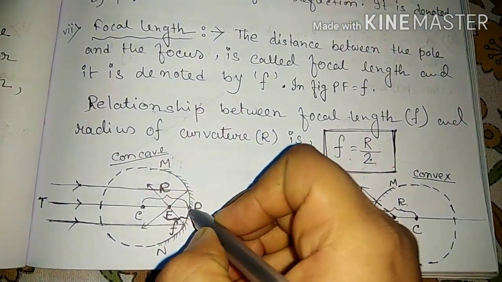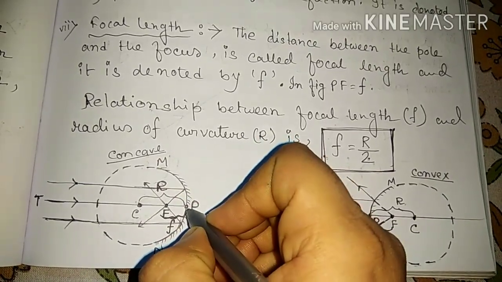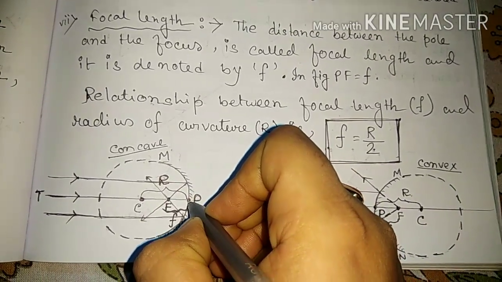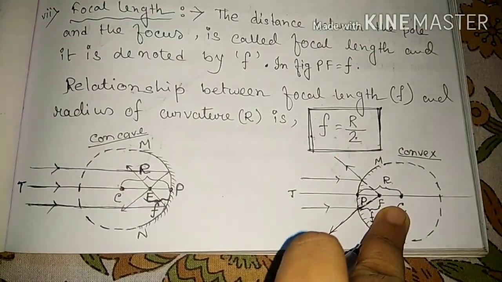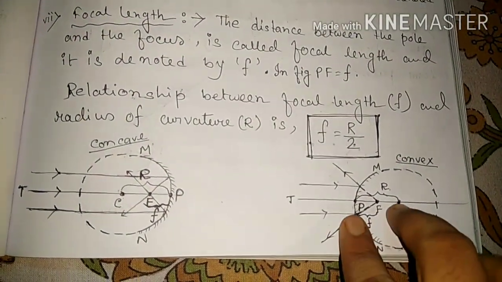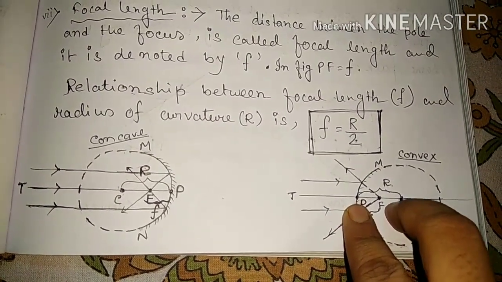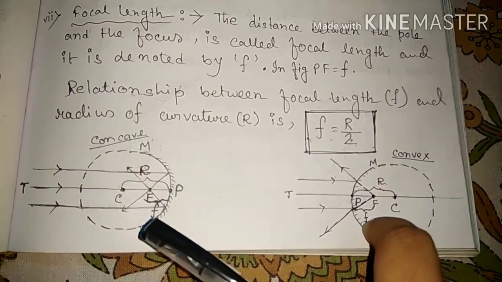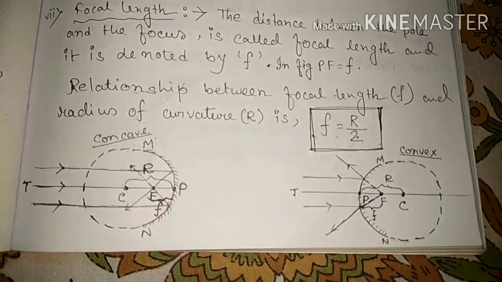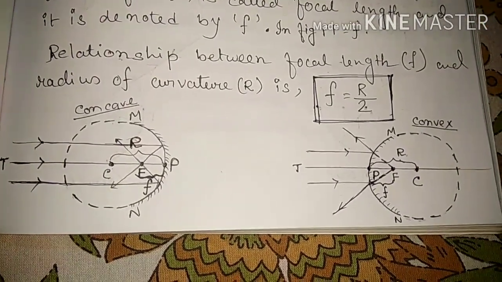So C to P, the distance between the center of curvature and the pole, gives us the radius of curvature of this spherical mirror. That is called the radius of curvature, and it is denoted by capital R.